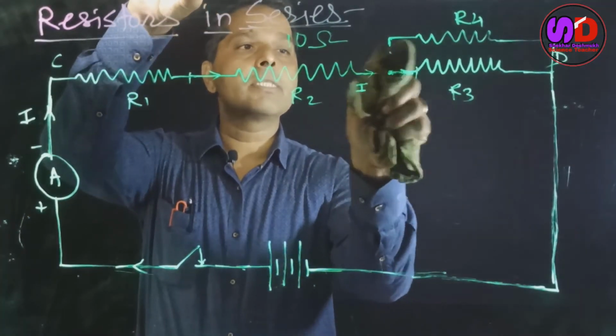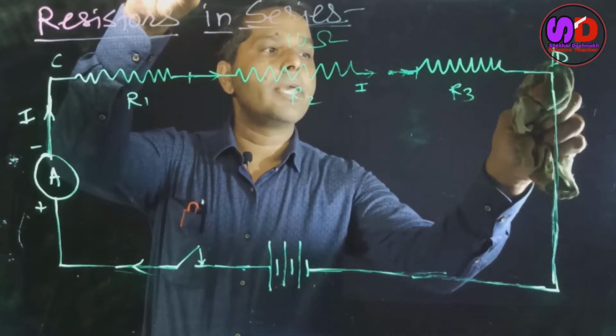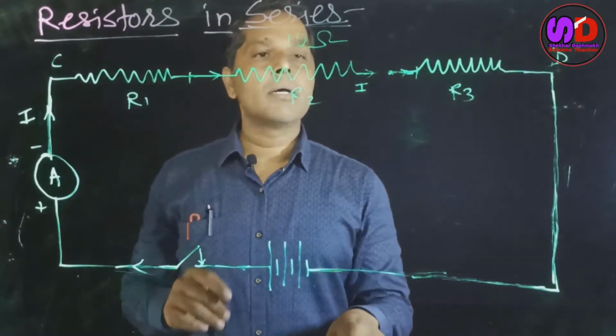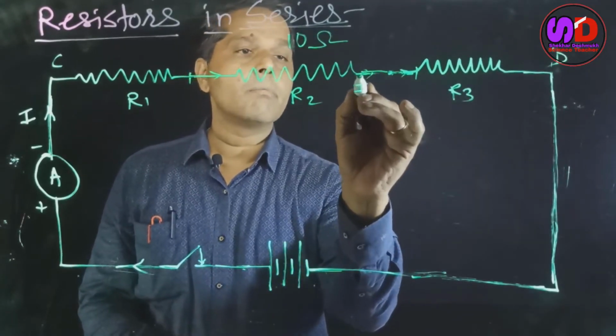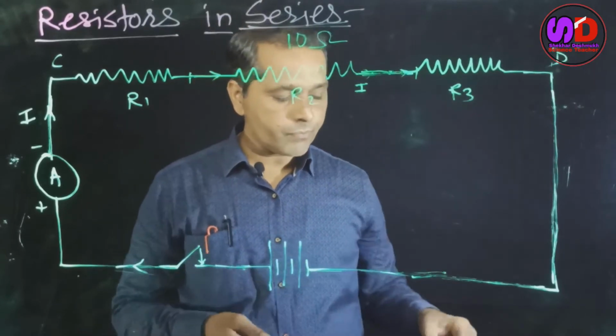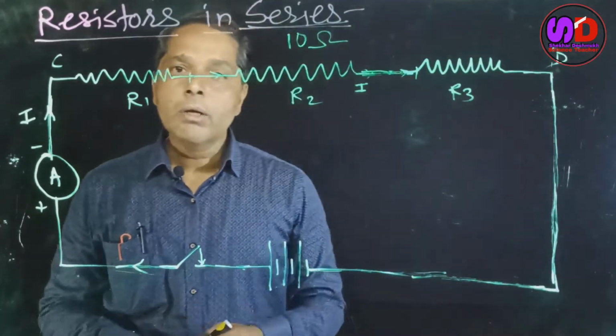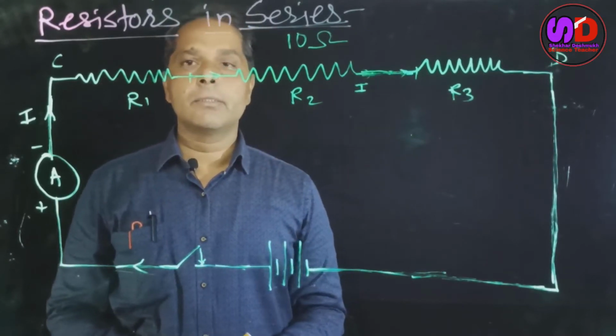So this is nothing but series combination. R1, R2 and R3 are connected in series because the same amount of current is flowing through them.